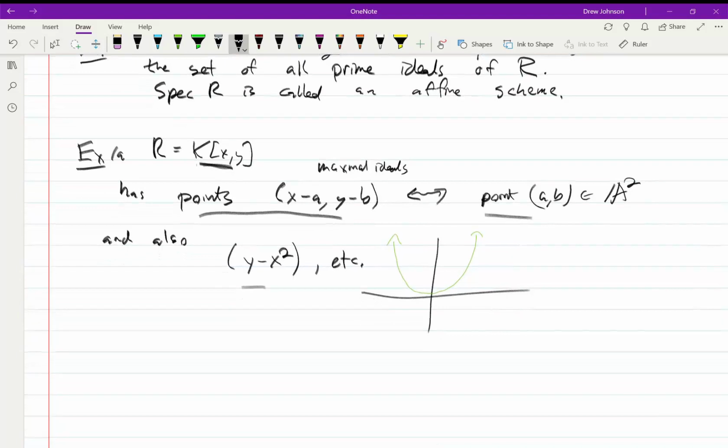Okay, let's look at another difference here. In this example, we're going to have the field K be not algebraically closed. So let's look at R[x], where R is the real numbers here.